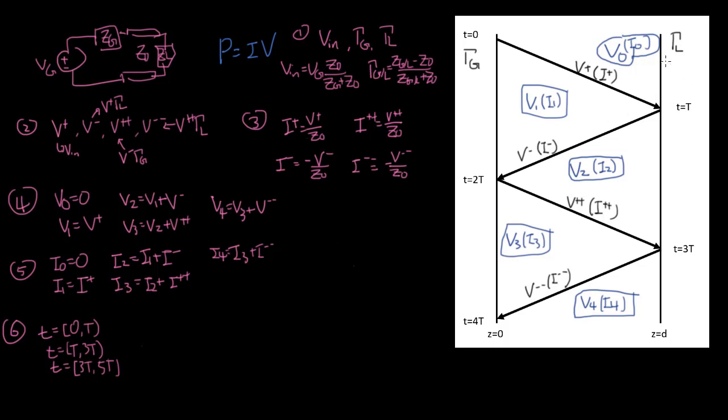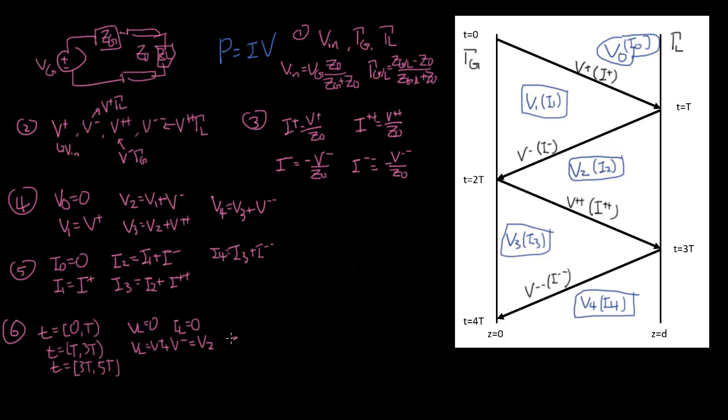At t equals 0, we see that the voltage and current at the load are equal to 0. So VL is equal to 0, IL is equal to 0. From T to 3T, this chunk here, you cross this threshold and this threshold. So VL is equal to V plus plus V minus, which is actually equal to V2. So it's a value that we had before, and we can just copy it over.